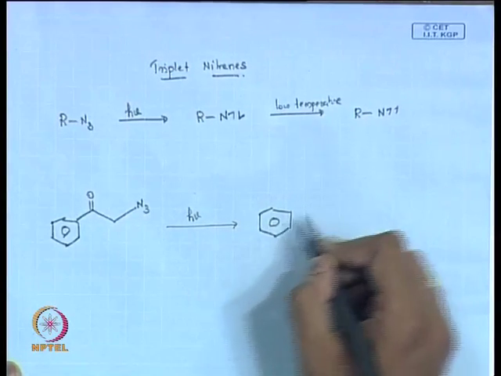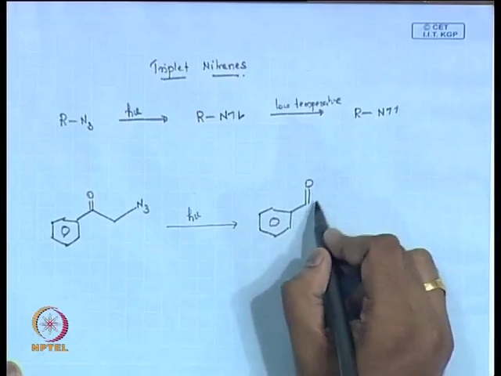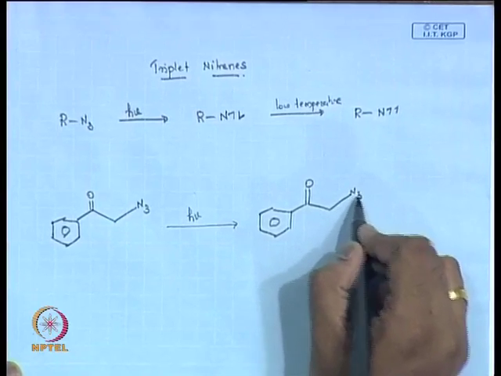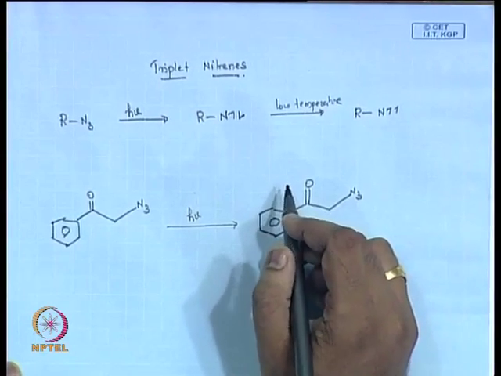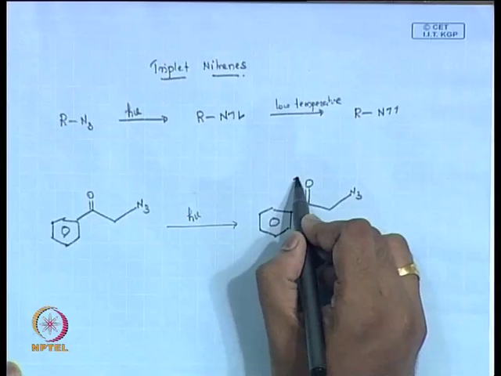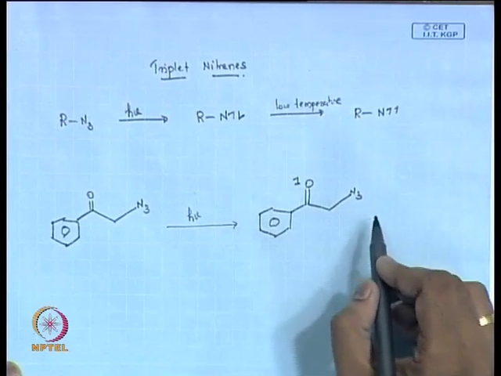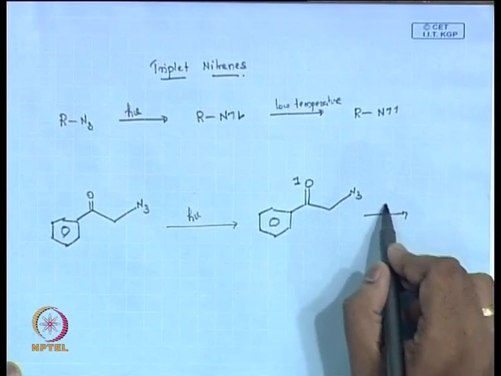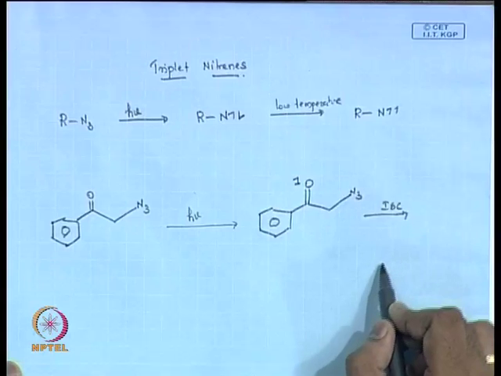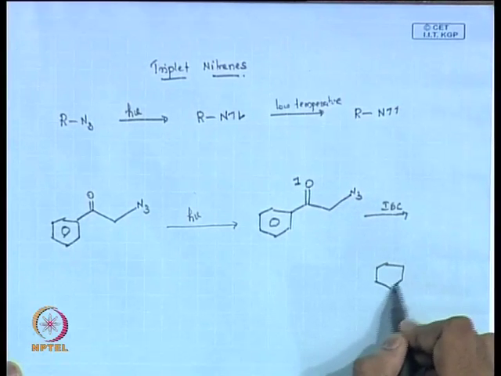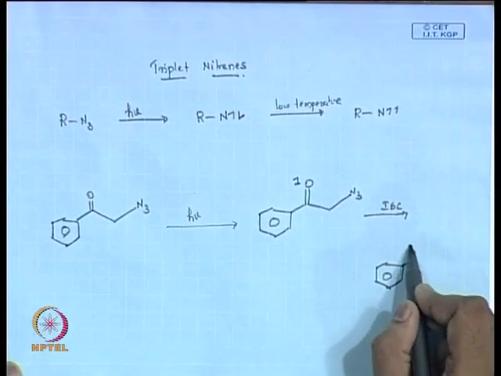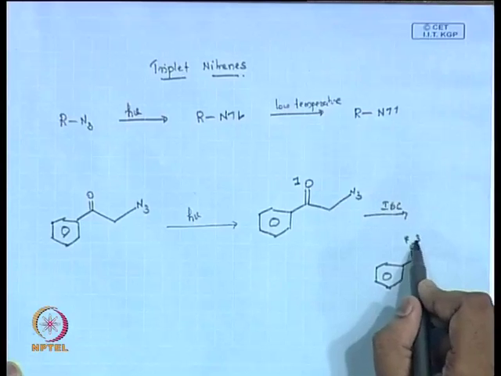Once the ketone absorbs the light, it goes to singlet, right. Then it undergoes a nice intersystem crossing to give me my triplet.